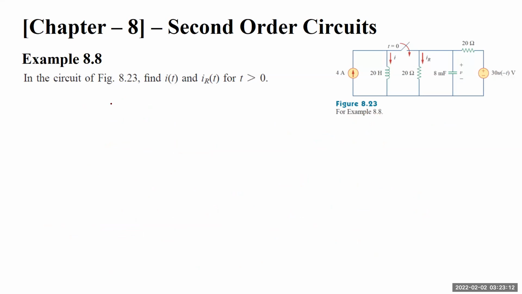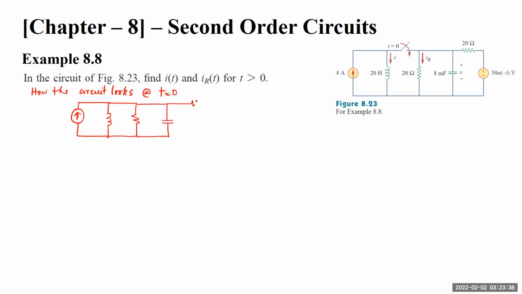Let's see how the circuit looks at t equals to 0. The circuit at t equals to 0 is something like this. Inductor is here, resistor is here, my capacitor is here, my another resistor is here, right?